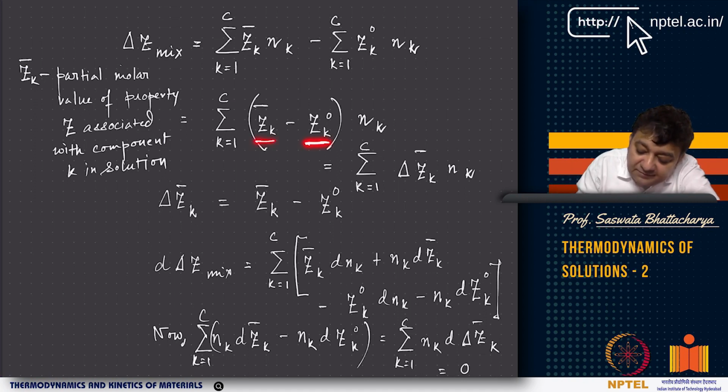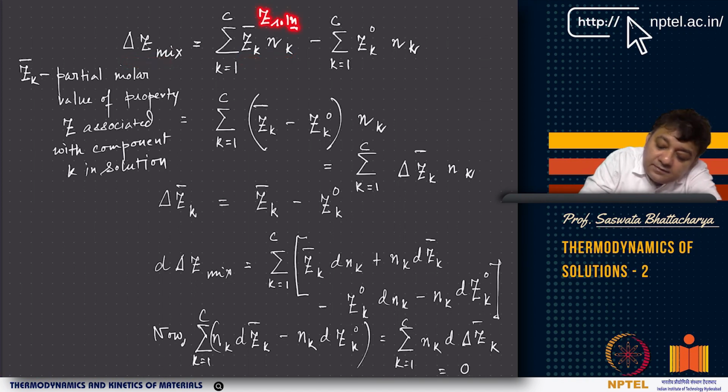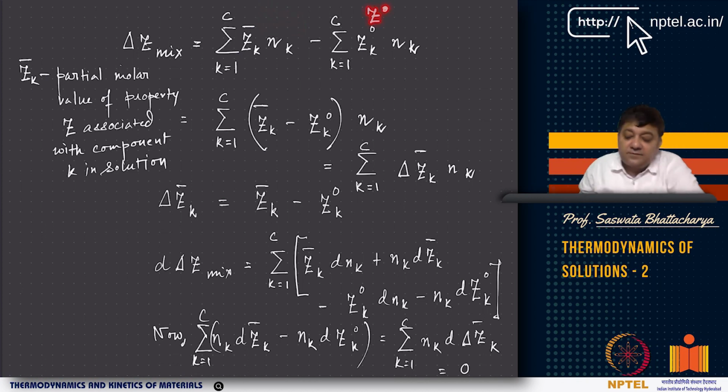So this is ZK bar minus ZK0, and delta Z mix is the sum of ZK bar times NK, which is basically Z solution, minus ZK0 NK, which is basically Z0, right, summation.